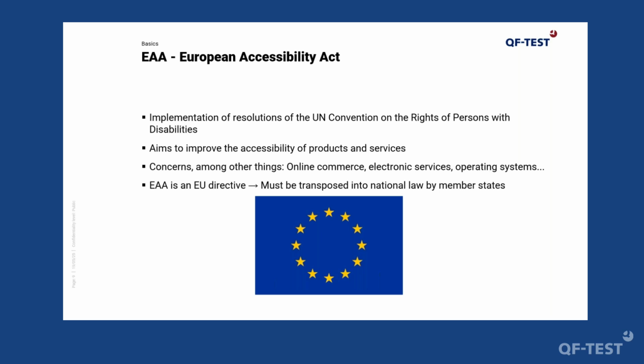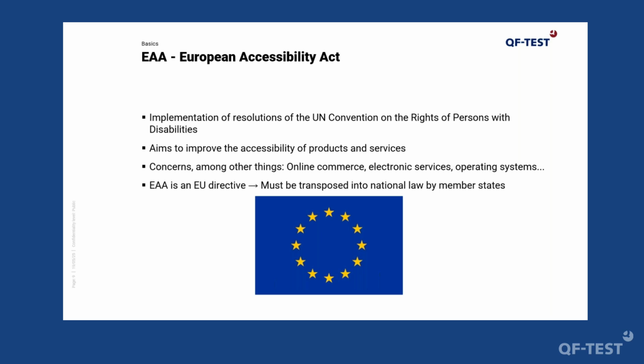And products and services have to be accessible. That means also that online or digital products and services have to be more accessible, and these things were included in this law. And so the European Accessibility Act also includes web accessibility.